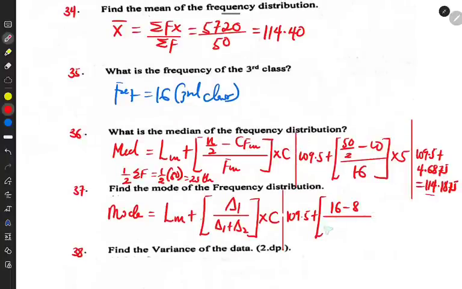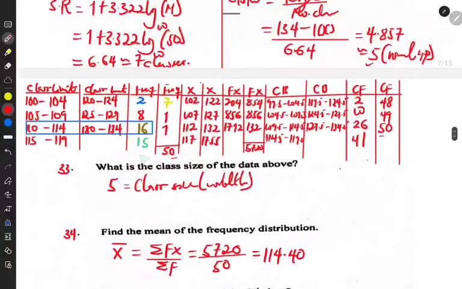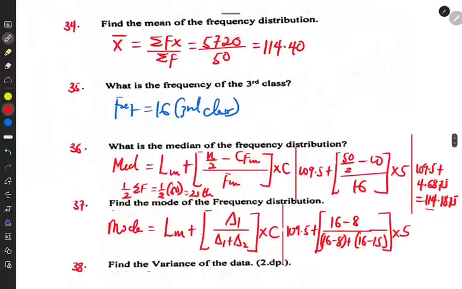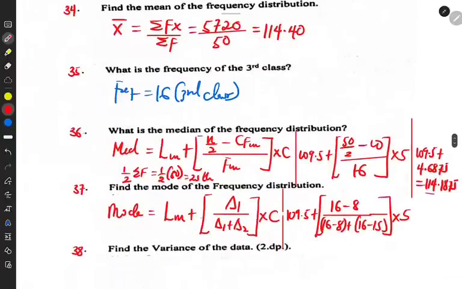divided all by 16 minus 8 plus the next one, which is triangle 2. That is 16 minus 15, the next, succeeding frequency, and then multiply by 5. We can clearly see from here that it is 15. So we subtract and then we are good to go. Straight up, we will have 109.5 plus.